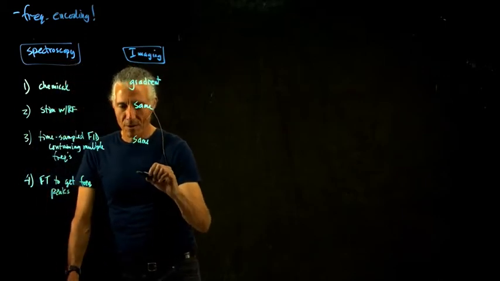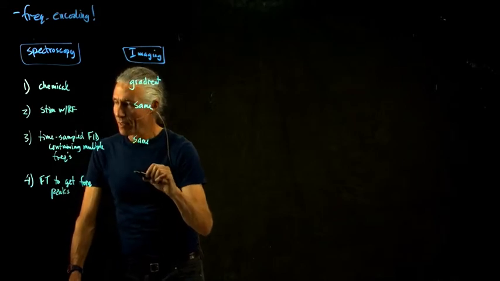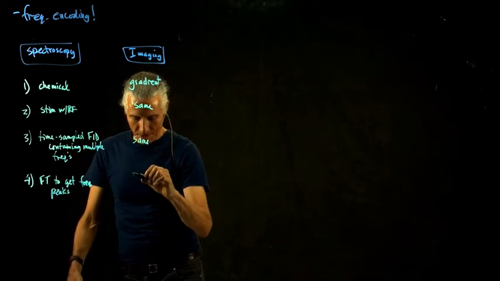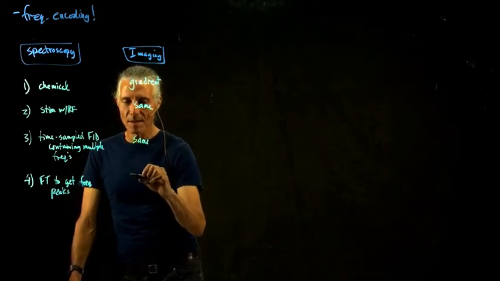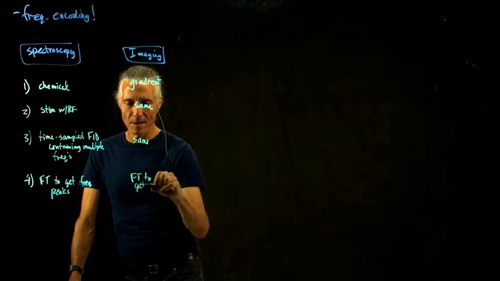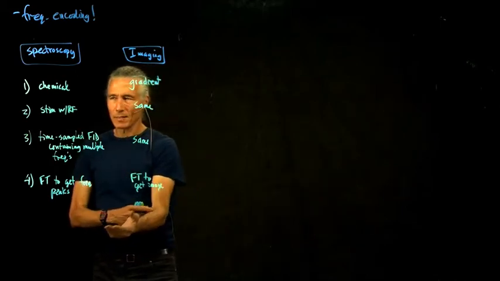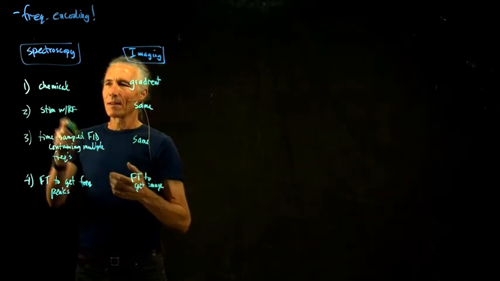And then what do we do here? We do the same. And so you can see there's an analogy: FT to get image. Whenever you look at an MRI course, they always start with this because it's intuitively sensible.